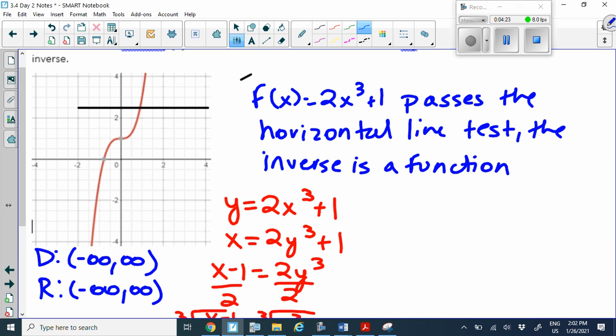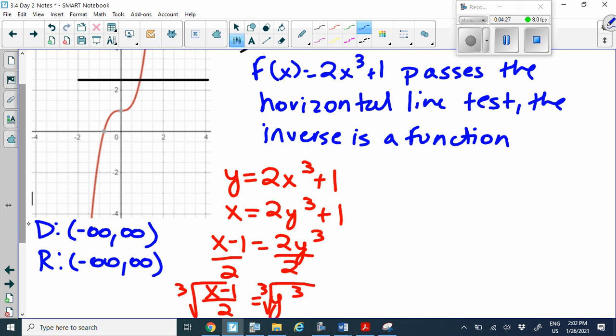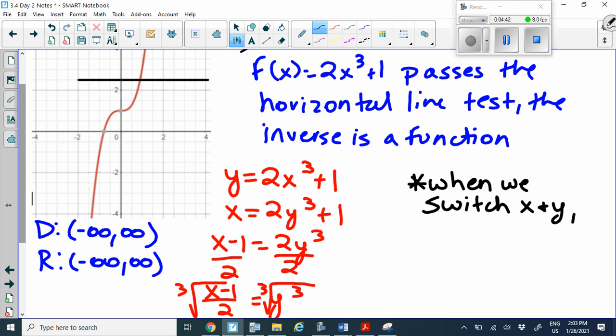Okay, now let's talk about how we figure out the domain of the inverse. Remember, when we find the inverse, we switch our x and y. Because we switch our x and y, the domain and range actually switch.